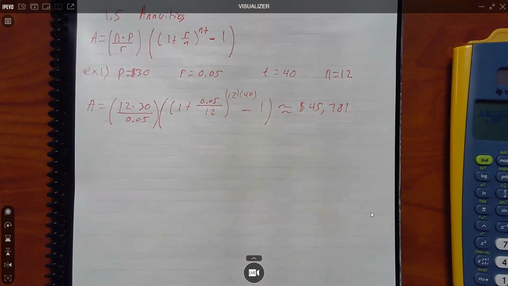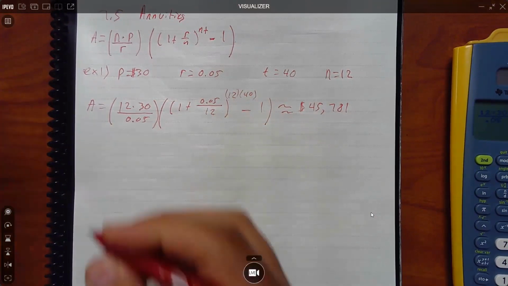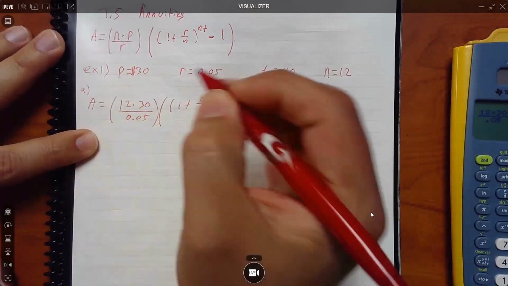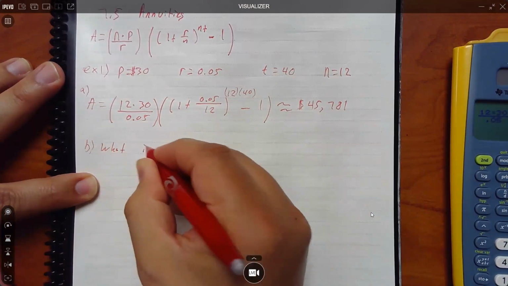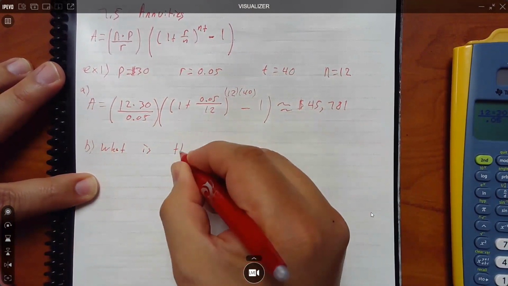So the question, this is part A, right? Part A. Part B says, what is the interest you made, right? The interest earned.